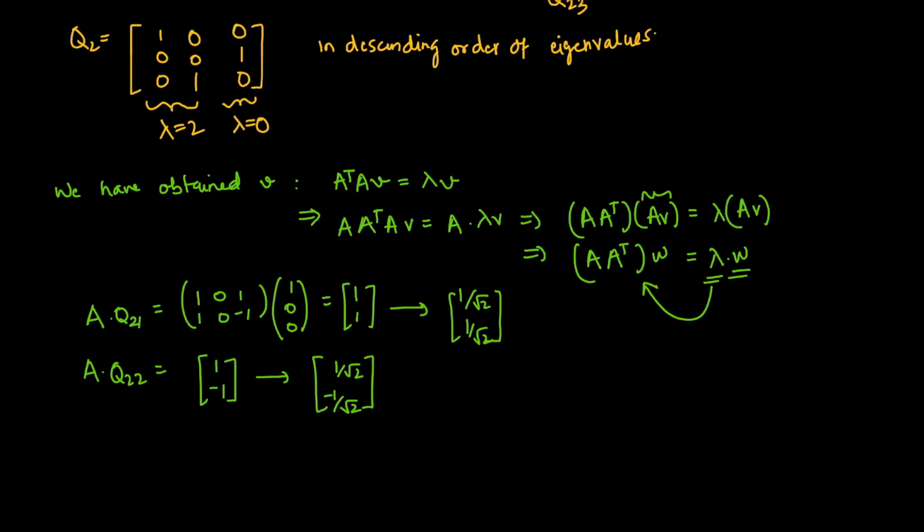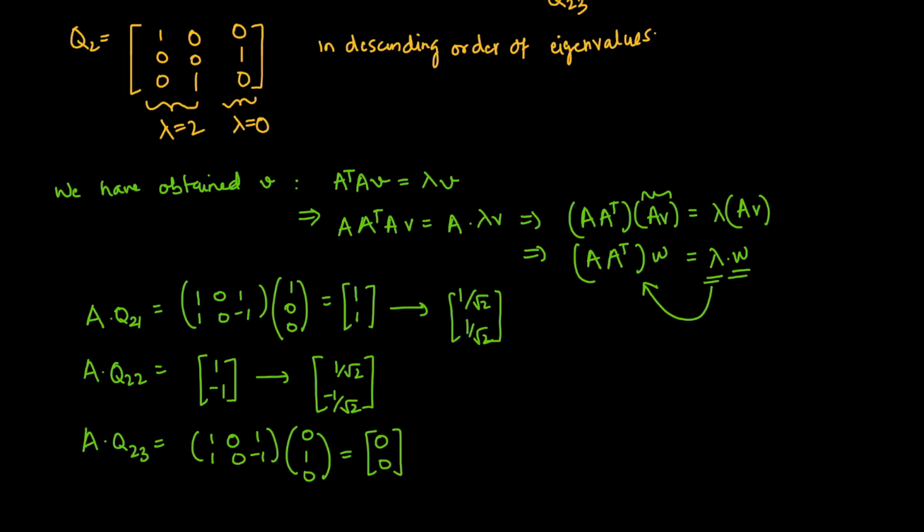In fact, we don't have to look at the third column. The reason being Q1 is a 2 by 2 matrix, right? Also, we can ignore eigenvalue 0, because 0 is not an eigenvalue of A A transpose, right? But still, if we compute this also, we will get 1 1 0, 0 1 minus 1 multiplied by 0 1 0 will turn out to be 0 0, which means that it has no relevance, right?